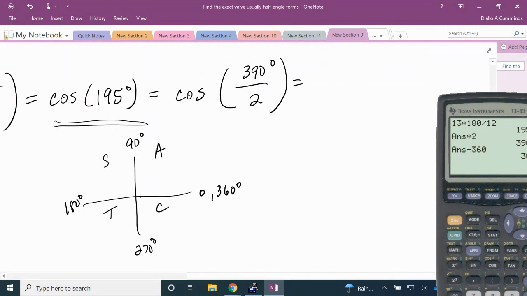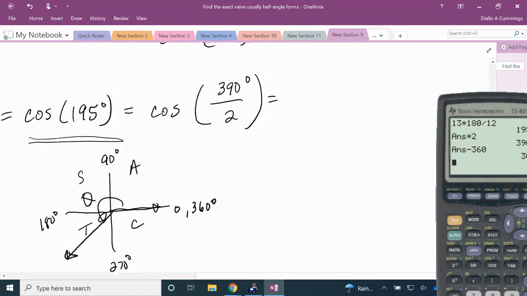So notice that a 195-degree angle would lie in the 3rd quadrant. Okay. Right, so if our angle is in the 3rd quadrant, the only positive values are the tangent and the cotangent. Everything else is negative.